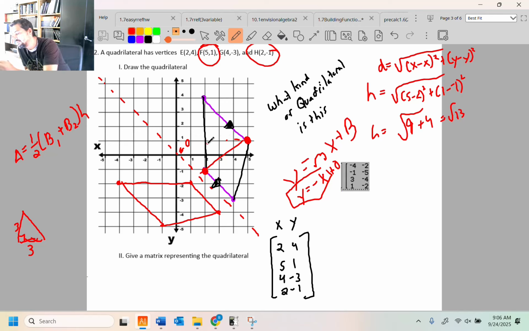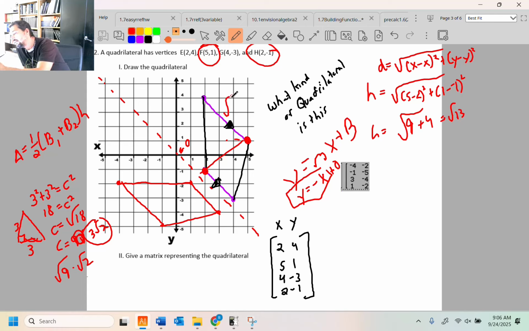I imagined this. And this is where distance formula comes from. But I'm just going to do 3 squared plus 3 squared equals c squared. That's going to be 9 plus 9. That's 18 equals c squared. So c is the root of 18. And because you guys are juniors, we're going to say 3 roots of 2. Now, where did I come up with 3 roots of 2? The root of 18 is the root of 9 times the root of 2. So this length is 3 root 2.